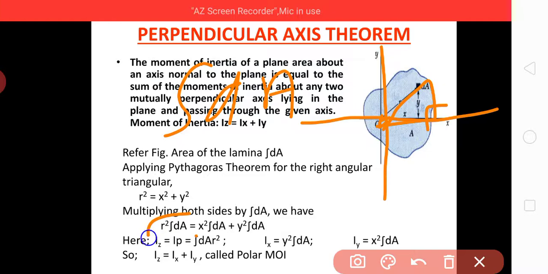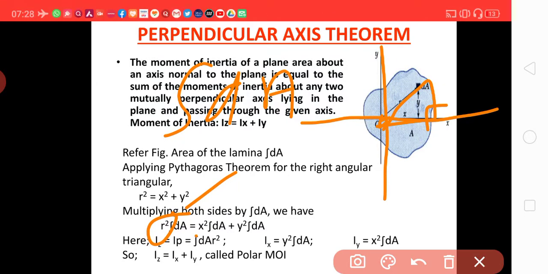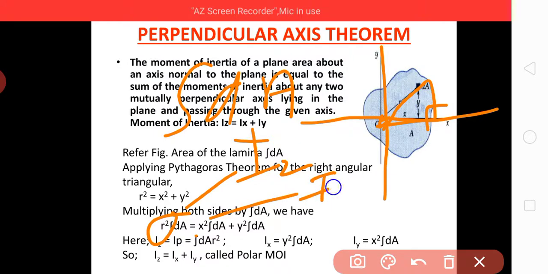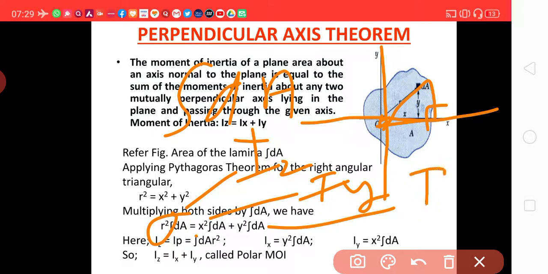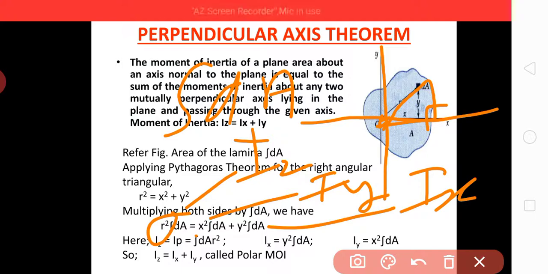By first principle, this is Iz, this is Iy, and this is Ix. So Iz equals Ix plus Iy. This Iz is also called polar moment of inertia. That will be explained in the next slide.